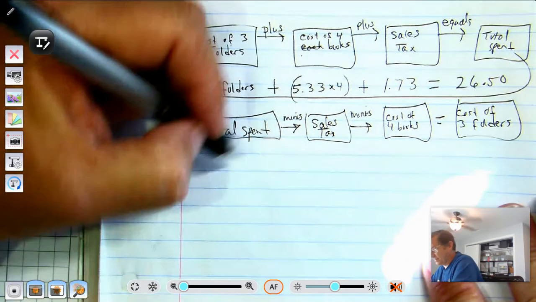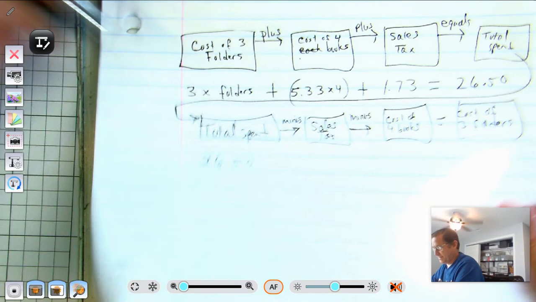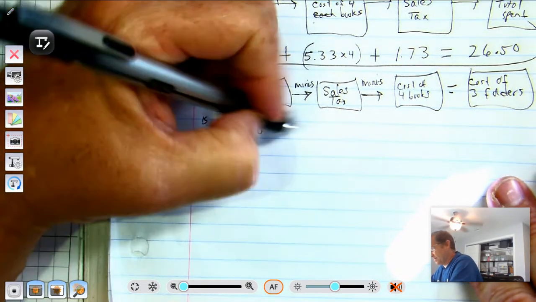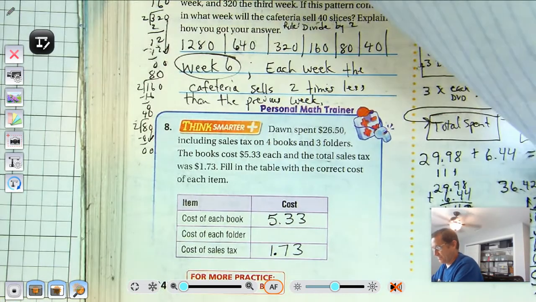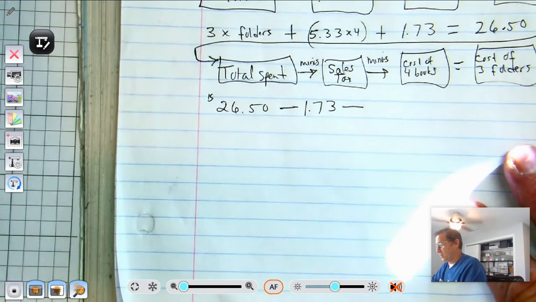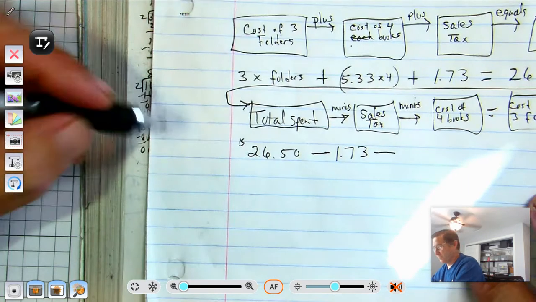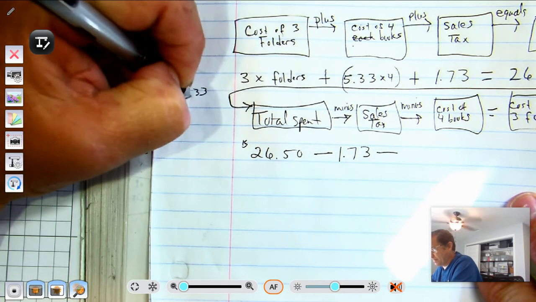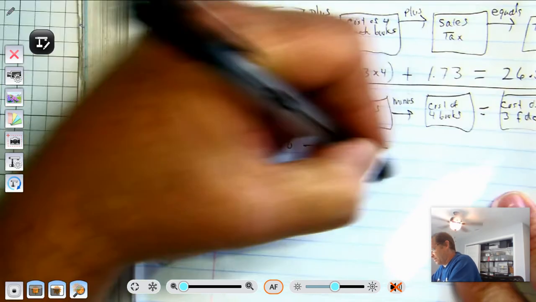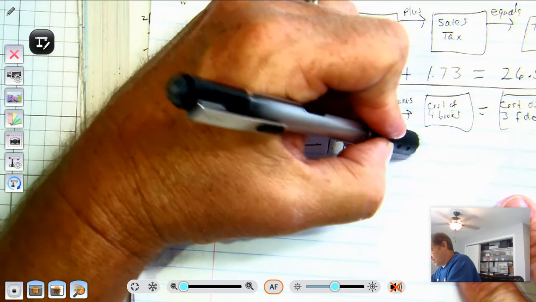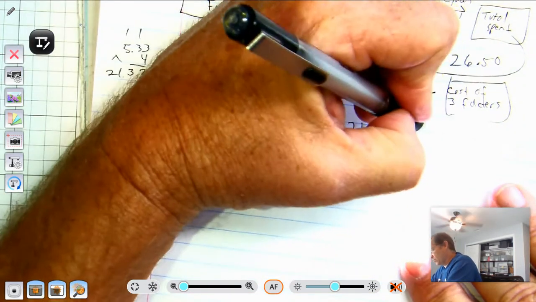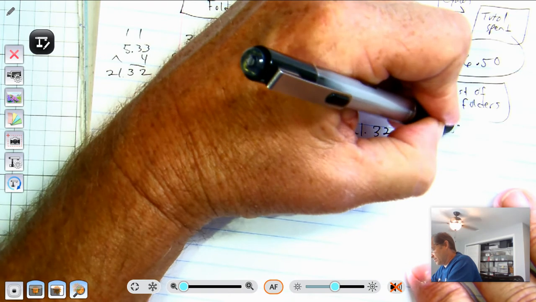All right, so she spent $26.50. We need to take away the sales tax, which was $1.73. We need to take away the cost of 4 books. What is 4 books? $5.33 times 4. So minus $21.32 for the books equals the cost of 3 folders.